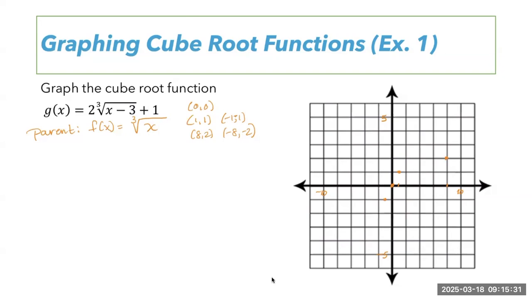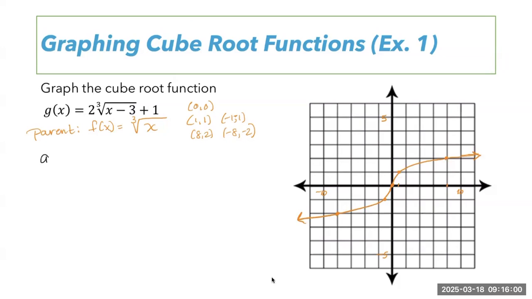And for negative 8, negative 2, sorry, got that in the wrong spot. I'm going to be right here. Okay, so the general form of a regular cube root of x graph looks something like this. Okay, that's the parent function that we're working with.